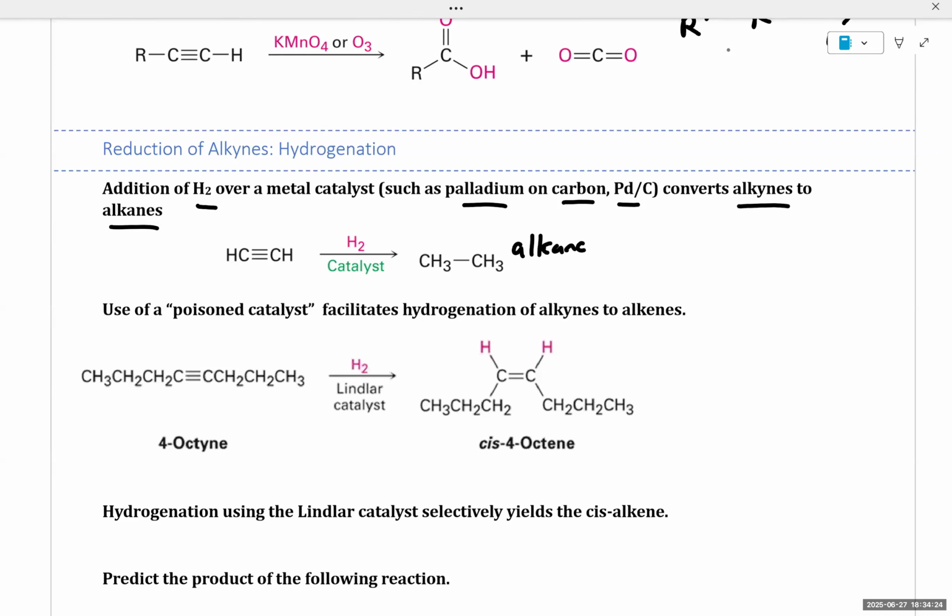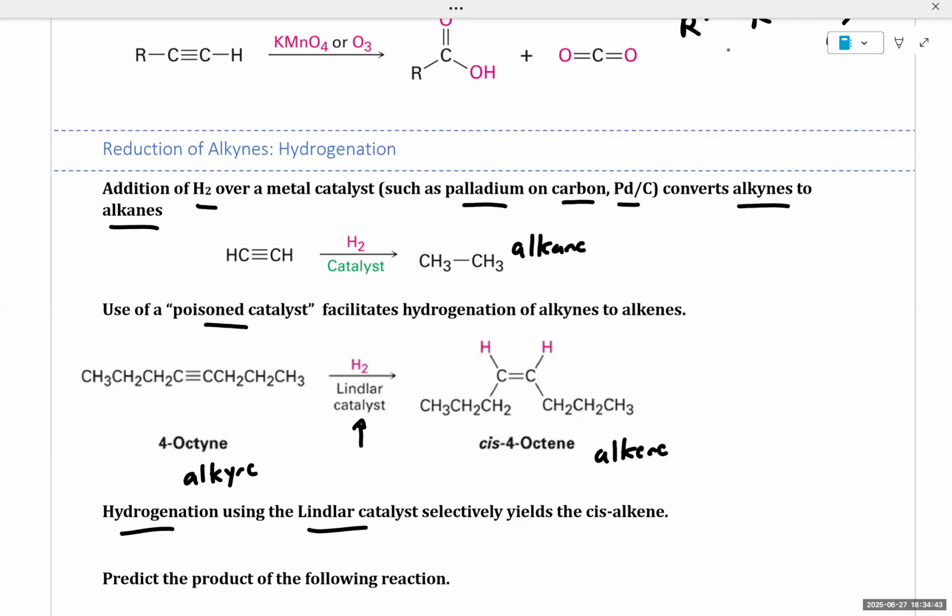In practice, alkynes can be reduced with a poisoned catalyst, such as the Lindlar catalyst, and that in turn allows us to convert the alkyne to an alkene.